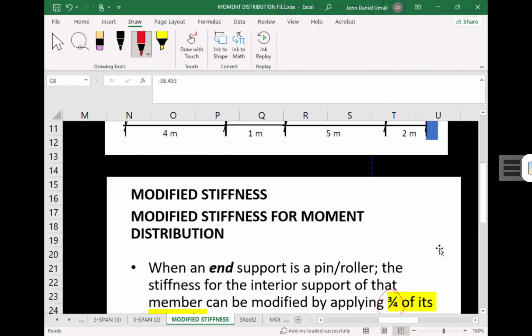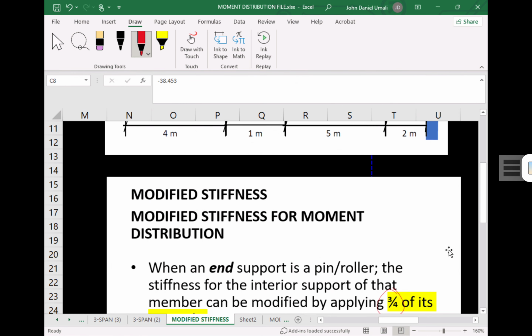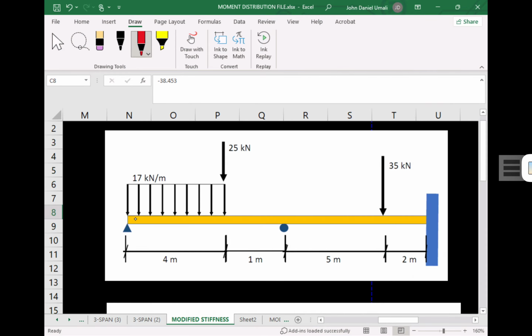Pero saan ina-apply yung modified stiffness? Sa mga end support, okay? And ang condition is kailangan a pin or a roller. Okay, so tingnan natin mga end support natin. So yung end support natin dito is a pin. Ang end support natin dito is a fix. So when we say end support, yun yung mga dulo, nasa dulo na supports.